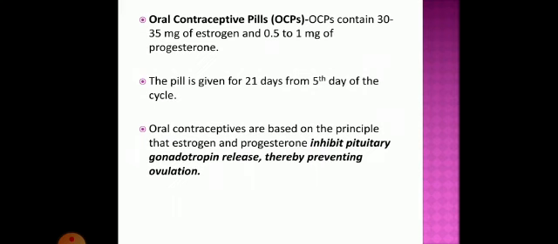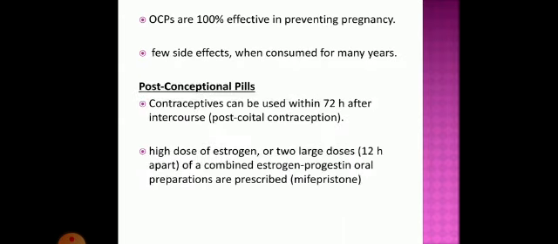Oral contraceptives are based on the principle that estrogen and progesterone inhibit the release of pituitary gonadotropin, and thereby prevent ovulation. When you look at their efficacy rates, OCPs are considered almost 100% effective in preventing pregnancy. There are a few side effects which can occur if the OCPs are consumed for many years.